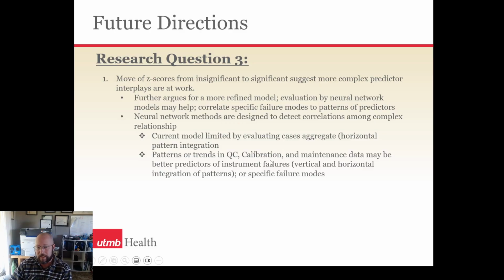Patterns or trends in QC, calibration of maintenance data, may be better predictors of instrument failure. You can think of this as vertical versus horizontal integration of patterns. This is really a limitation of how SPSS predicts the equations between predictors and outcomes.